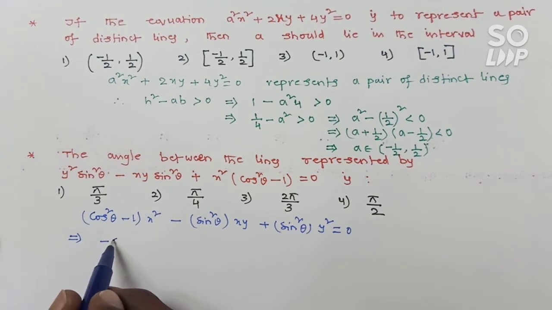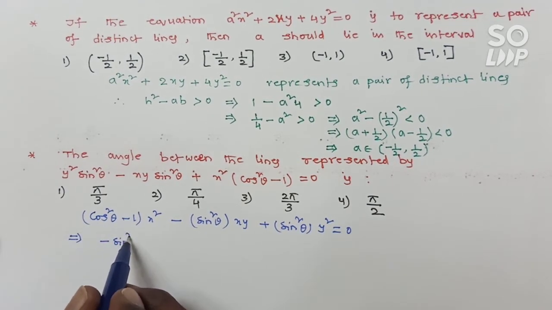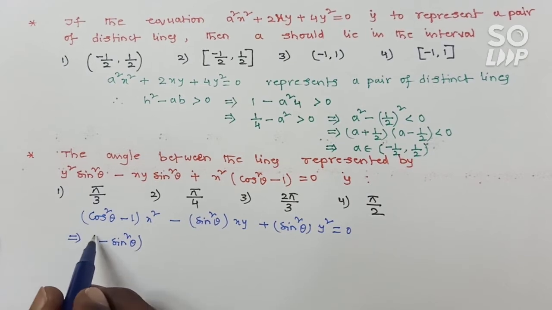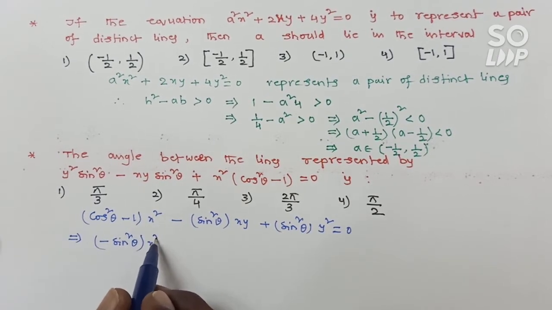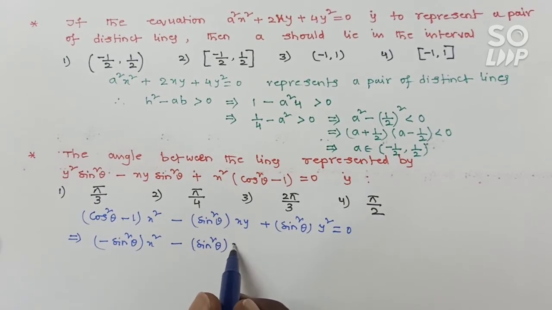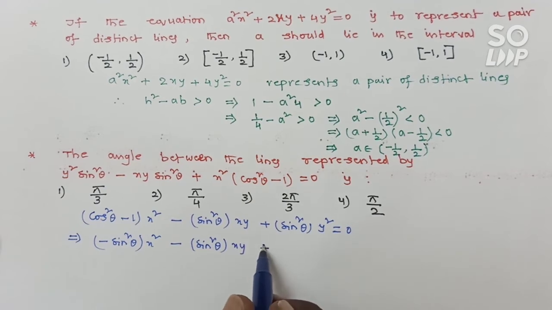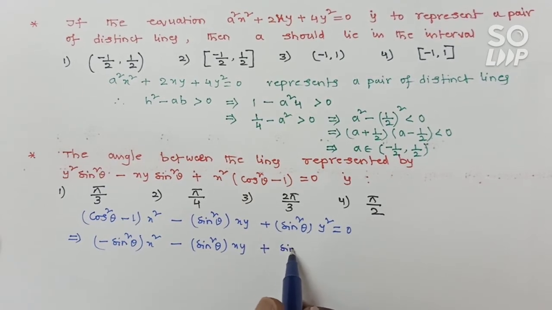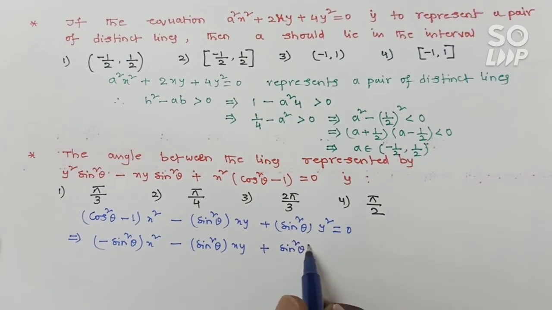So this one is minus sin square theta into x square minus sin square theta into xy plus sin square theta into y square.